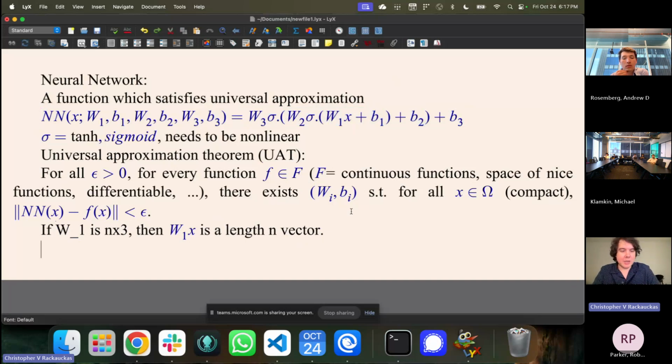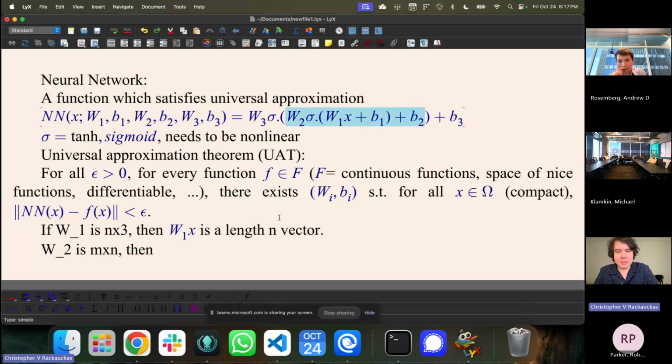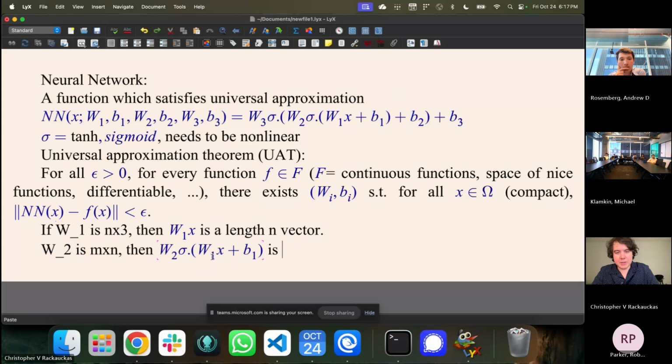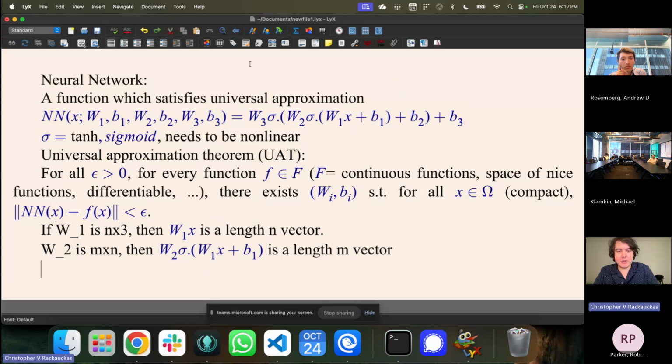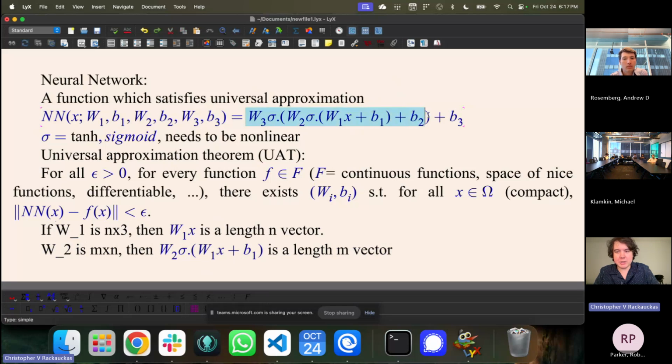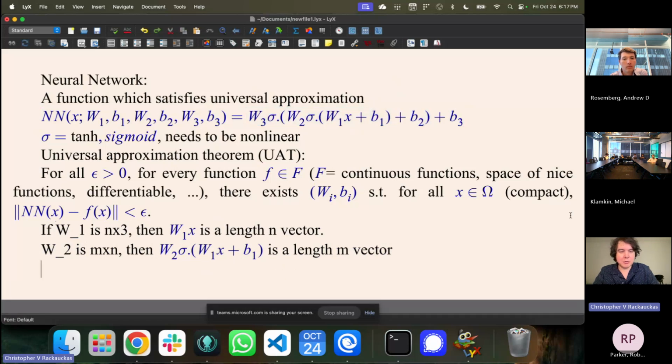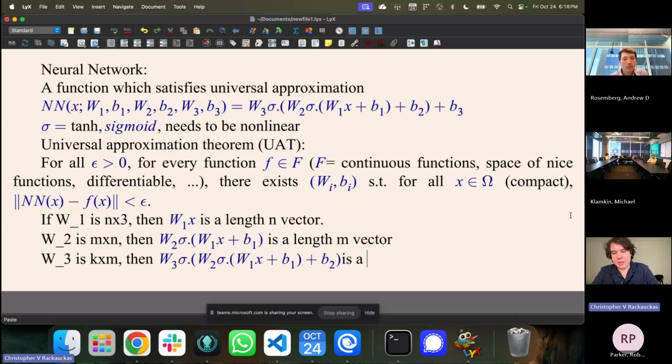If W2 is m by n, then when you get to this spot of the function, it is a length m vector. And then at the end, you choose that W3 is k by m, then it is a length k vector.